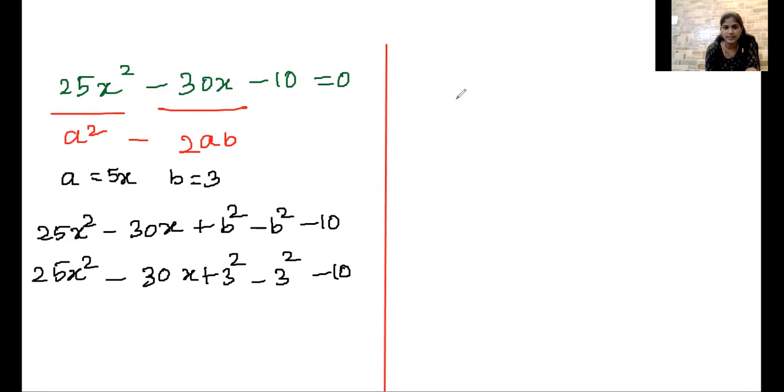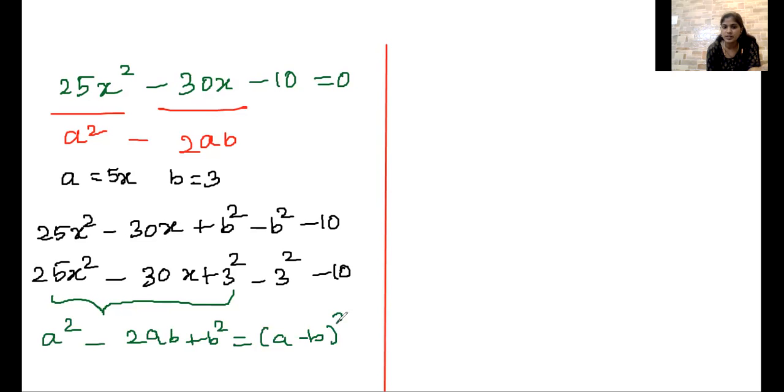And the next step is you have to take the first 3 terms. Just observe the structure, which is a square minus 2ab plus b square, right? Which is in the form of a minus b the whole square. I can rewrite the first 3 terms as a minus b the whole square, which is simplified as a single term.